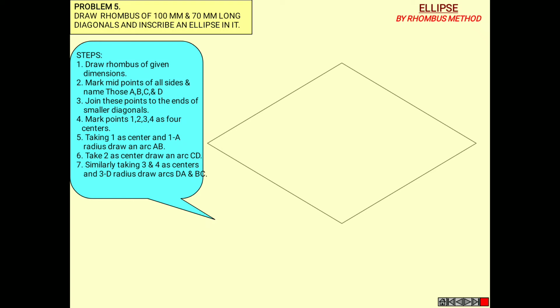We have drawn a rhombus with the diagonals AB and CD. Now mark the midpoints of all the four sides of the rhombus and name them as A, B, C, D. Now join these points to the ends of the smaller diagonal and mark the points as 1, 2, 3 and 4.